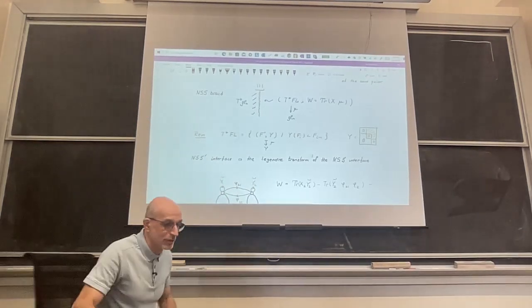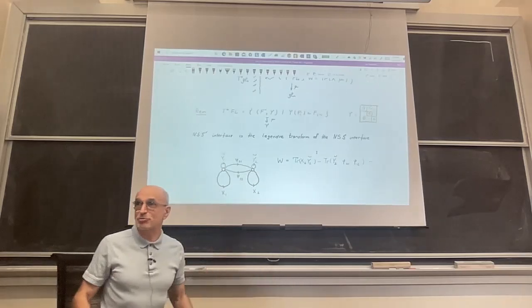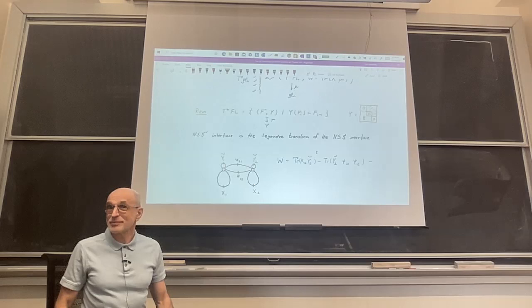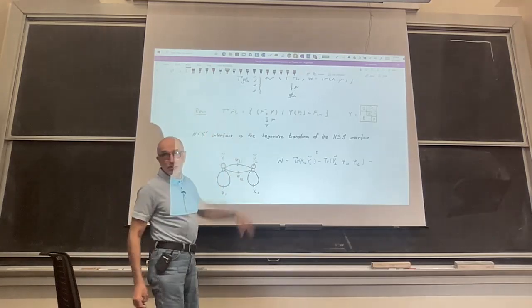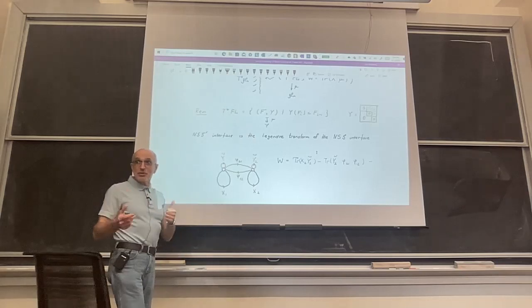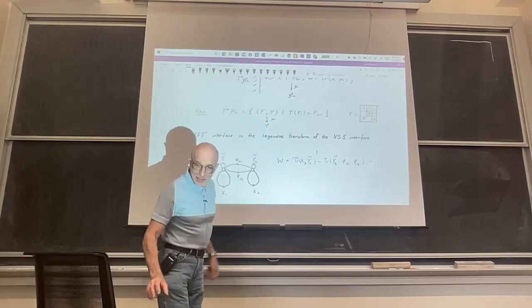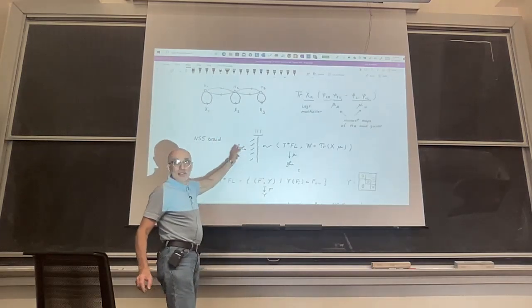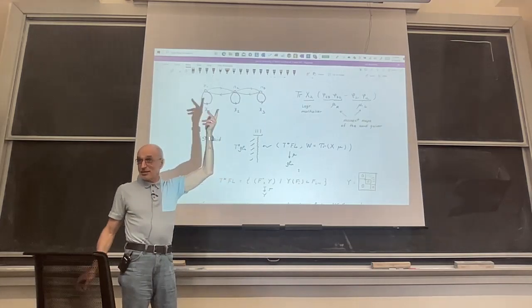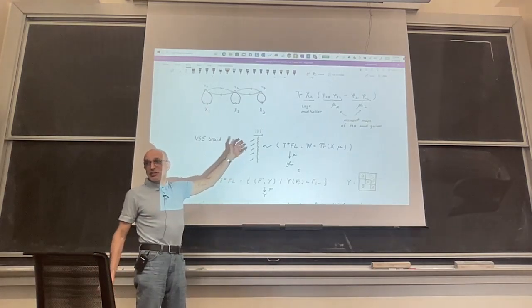It's a very smooth way, and you can compute. So what do you do with NS5 prime? What if you just want to wrap some of those NS5s on the wrong cigar? The answer is you have to switch X and Y in your commuting variety. Putting it on the wrong cigar means you interchange X and Y.